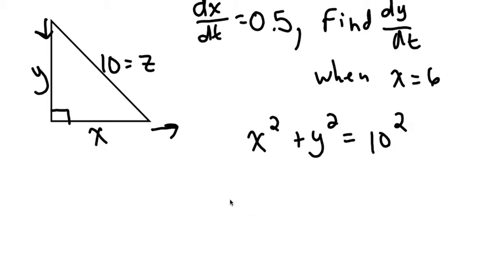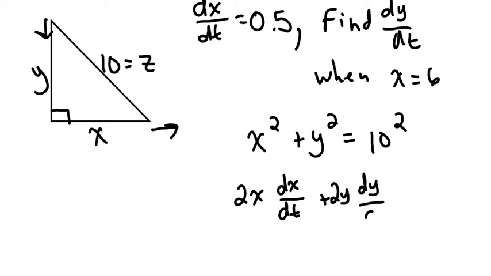All right, so now we're going to take the derivative. So the derivative of x squared is 2x dx dt. This is with respect to time, so dx dt, plus 2y dy dt equals, and now the derivative of 10 squared is just 0.